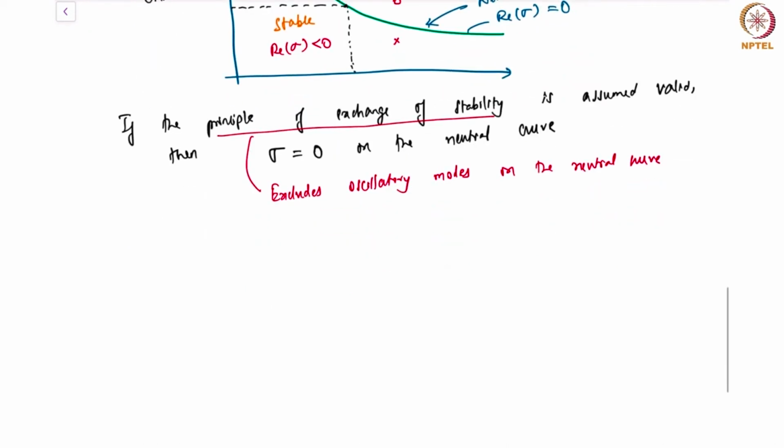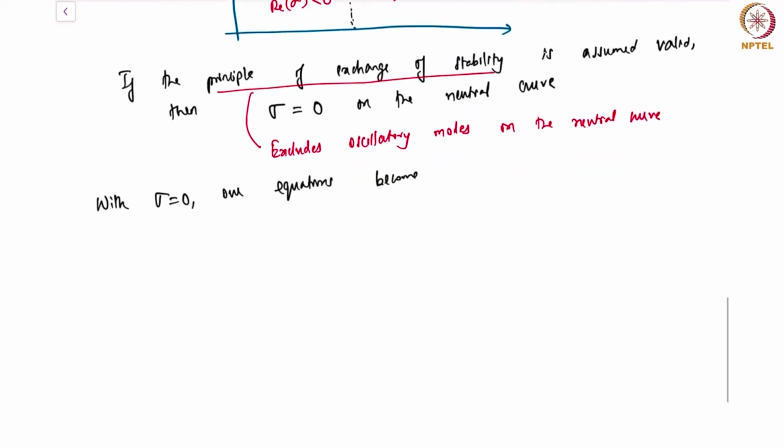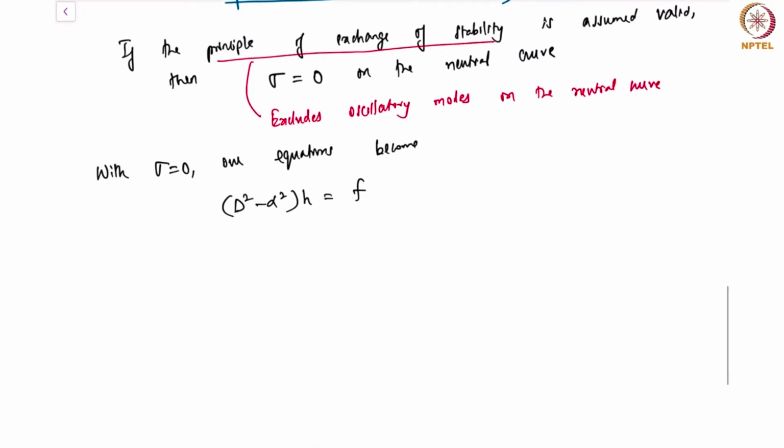If sigma is 0, then our equations become (D squared minus alpha squared) of H is equal to F. Then we have (D squared minus alpha squared) whole squared of F is equal to 0.